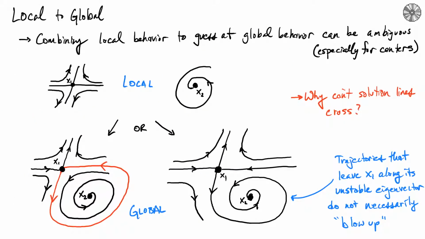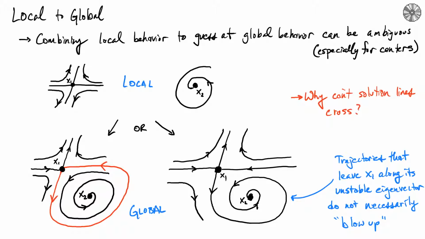Now that we understand how to linearize around an equilibrium to get local behavior, what we have to do is start stitching these together to get global behavior. But one of the challenges is how exactly this gets stitched together.